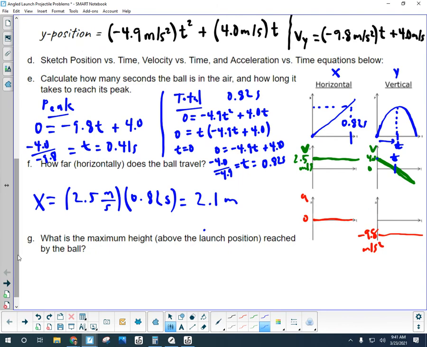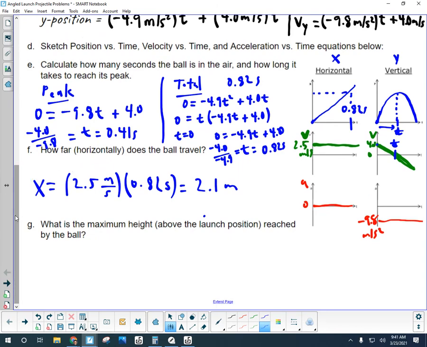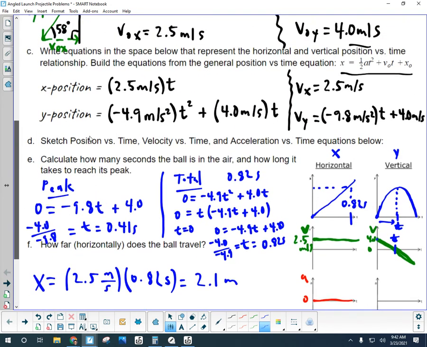Okay. And then we have, what is the maximum height above launch position? Height is referring to the y direction. So I go back to my y equation. Now I want to plug in not the full 0.82 seconds. I want to plug in the peak time, half of the flight time, to determine peak height.